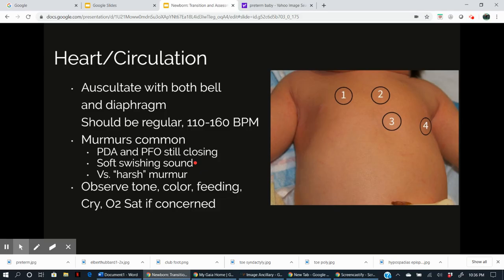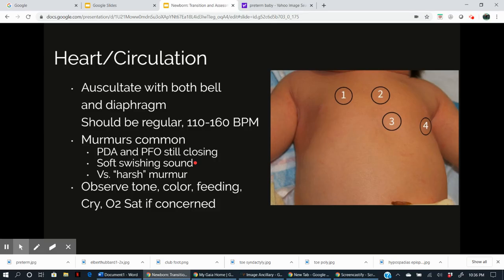And when the baby starts breathing air, the surface tension changes and those valves close, but they don't always close immediately. They don't slap shut. So the ductus arteriosus could take like a day, and the foramen ovale could take 1 to 2 days. So you might hear this murmur at birth, and by the time the baby's discharged, it's gone. Some babies, it takes a little longer.